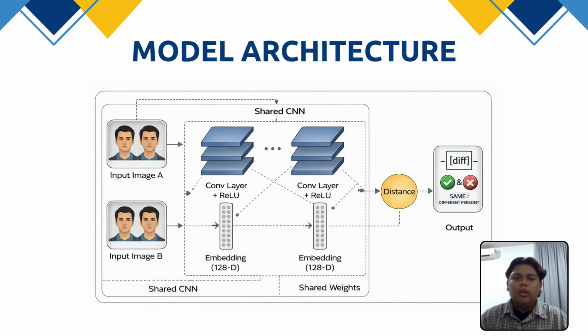The model then calculates the distance between the two embeddings to measure the similarity. If this distance is small, the faces are likely from the same person, and if the distance is large, they are different people. Finally, the distance is used to make the output decision of whether the two input images belong to the same person or a different person.